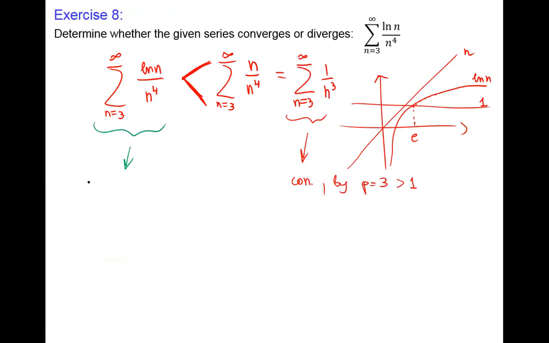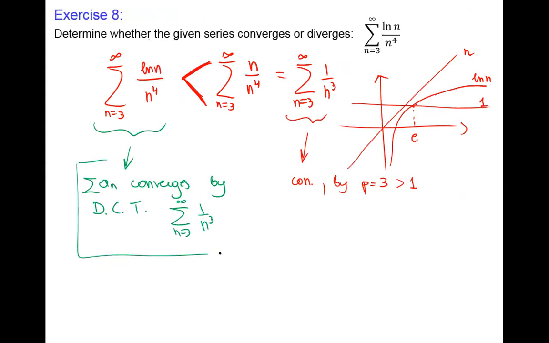Okay, I can use the green color for writing. My original series a sub n converges by direct comparison test, and now we're comparing with 1 over n cubed. It's extremely important.